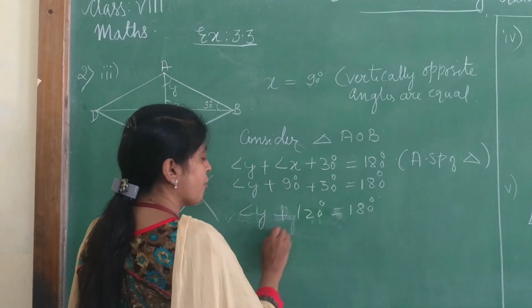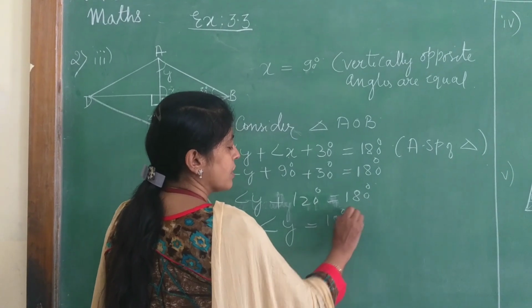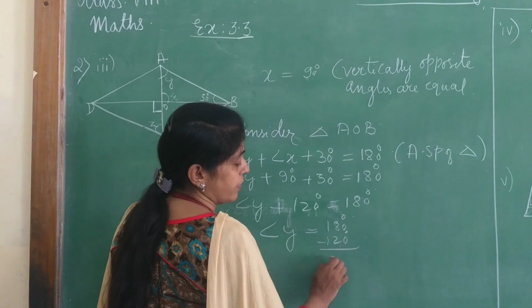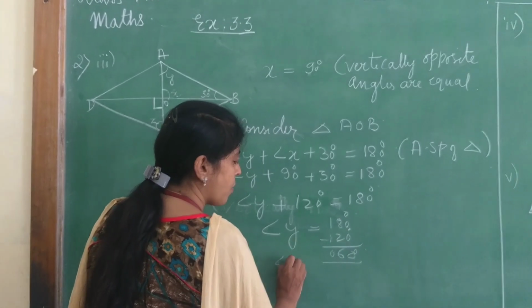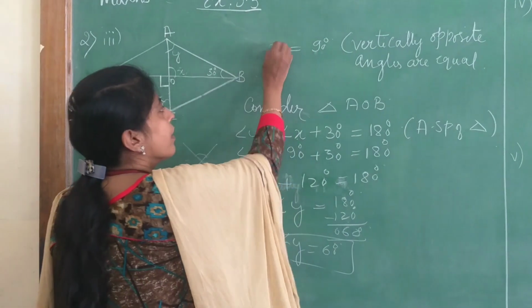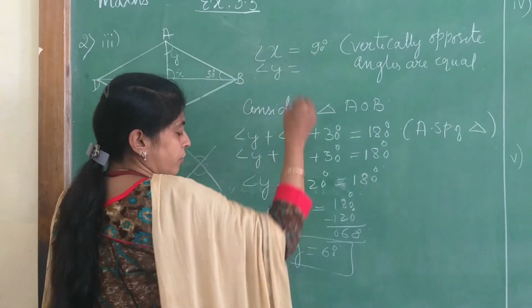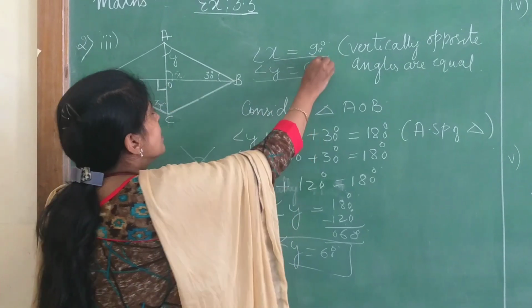We need to find the value of y, so we transpose the known value to the other side. So 180 minus 120 is equal to 60 degrees. Therefore angle y is equal to 60 degrees. So now we found both values: x is equal to 90 whereas y is equal to 60 degrees.